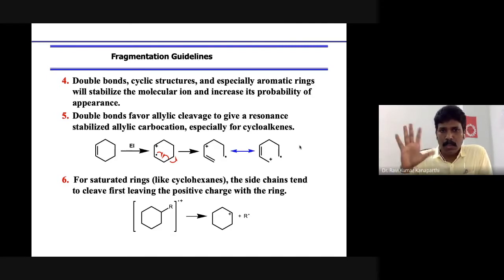There is no way around it, because they are highly stable relative to any other one. We interpret the stability in terms of the resonance structures that we can draw, and double bonds, cyclic rings, especially aromatic rings can stabilize the charge among the pi bonds, right?